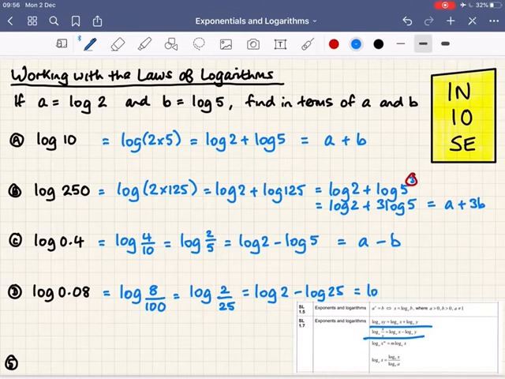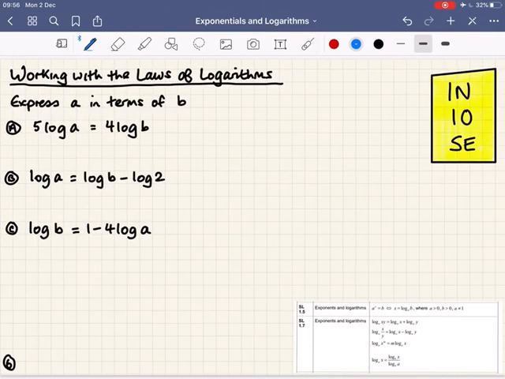So I can end up writing that as log of 2 minus 2 log 5. Because it's log 5 squared and the 2 can come to the front. And of course, that's now in terms of a and b, we've got a minus 2b. So this is not really difficult. It's quite good fun, actually. You've just got to be able to split things out, find the patterns in the numbers.